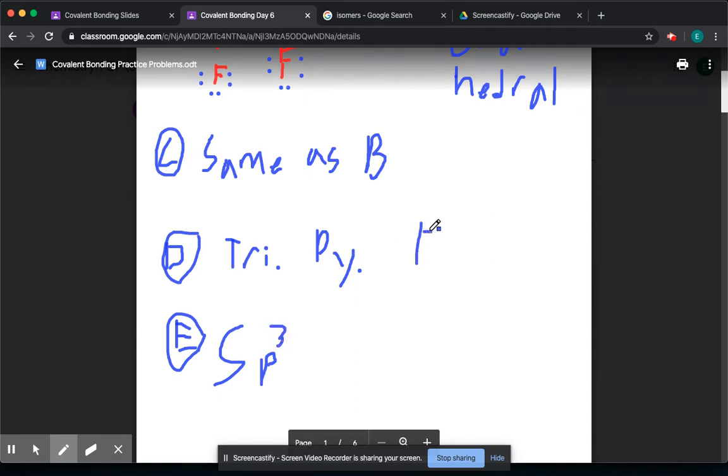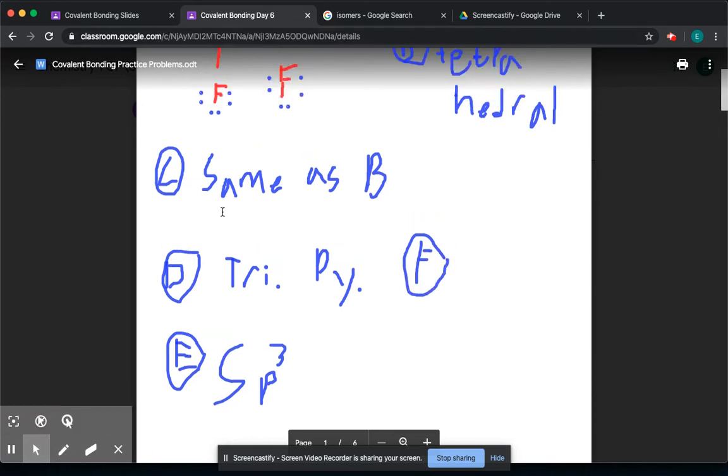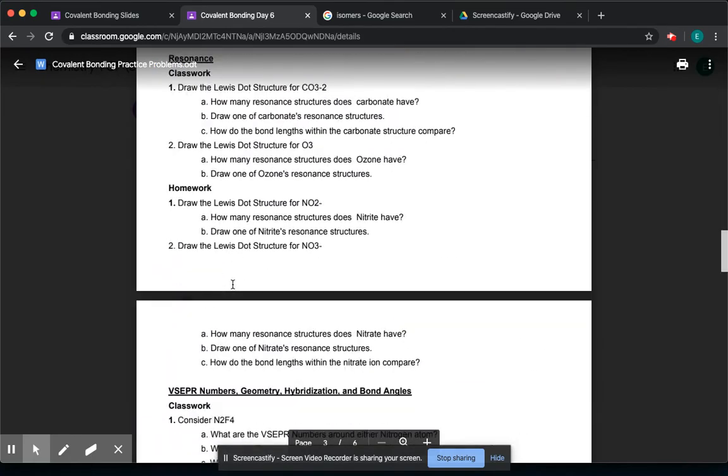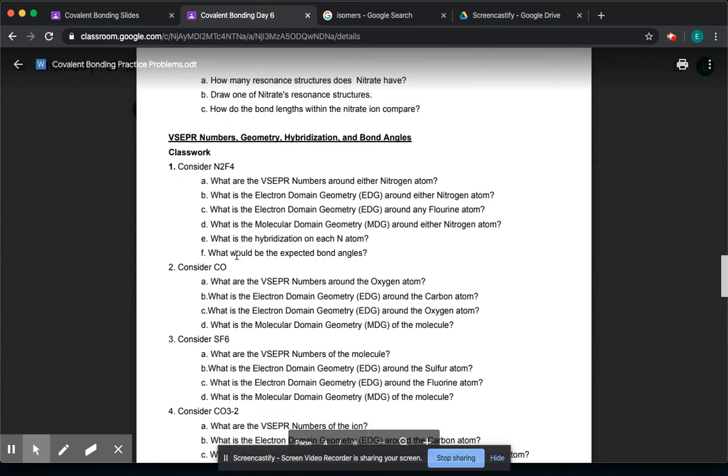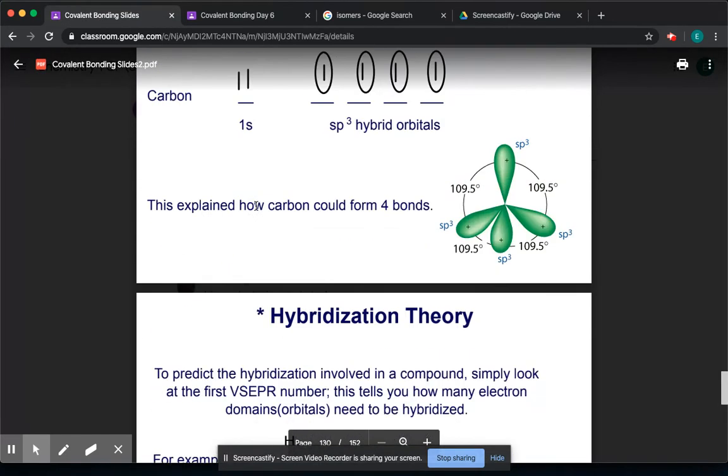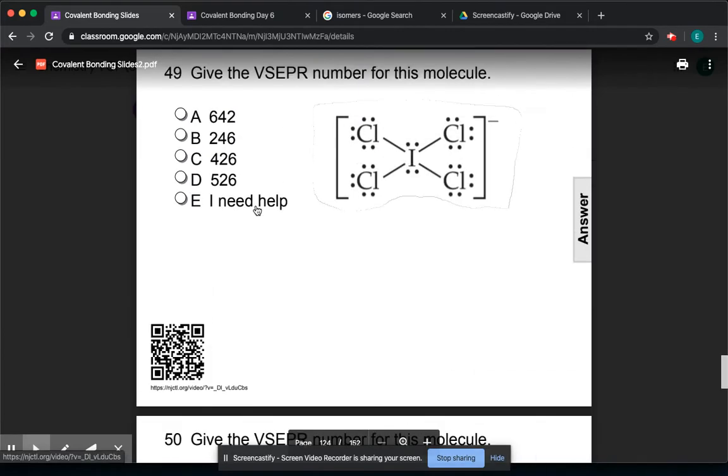And F is asking us to look at bond angles. The bond angles, again, I do not expect you to memorize. Look at the slides. So we have trigonal pyramidal. Scroll down to your shapes, which would be after rule 3.